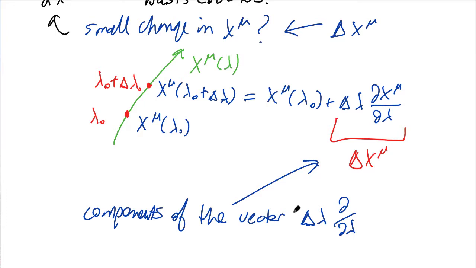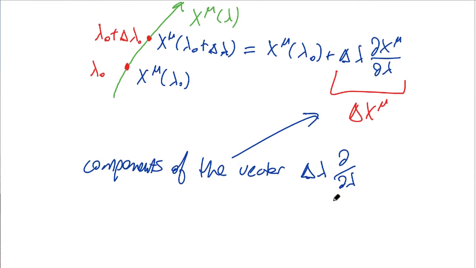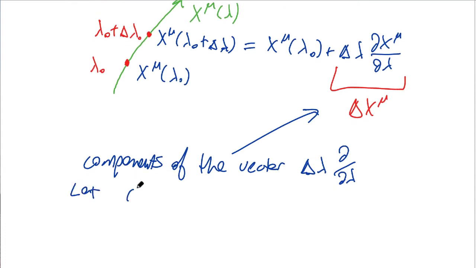Okay, so now what do we obtain? Let me just ask the question. What do we obtain when we let the basis covectors act on this vector? So let dx mu act on this vector.